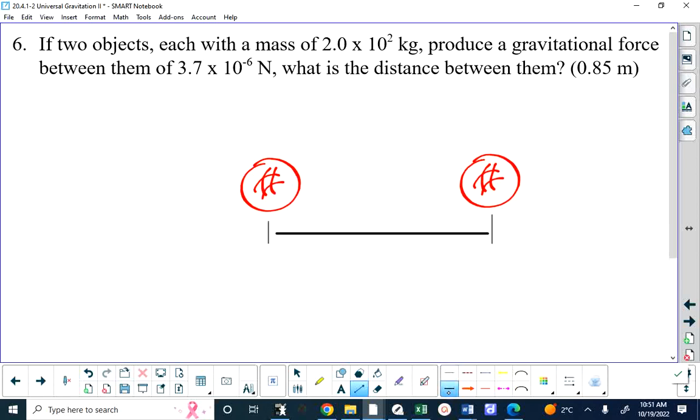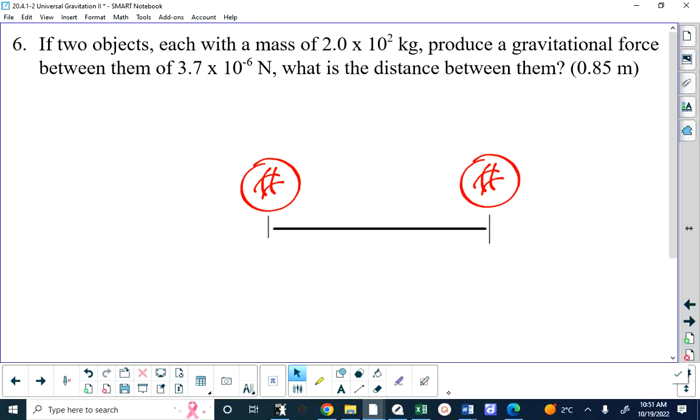So what we're trying to find is this distance here. And I think you're okay with the idea of what it is we're trying to find. We have the masses, so I can put the masses in: 200 kilograms, 200 kilograms.